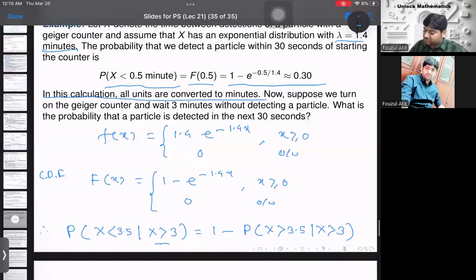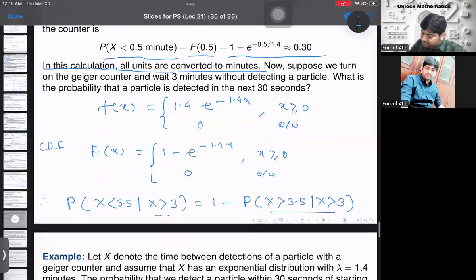Now we know that the exponential random variable follows the memoryless property. So this is actually equal to 1 minus P of X greater than 0.5.